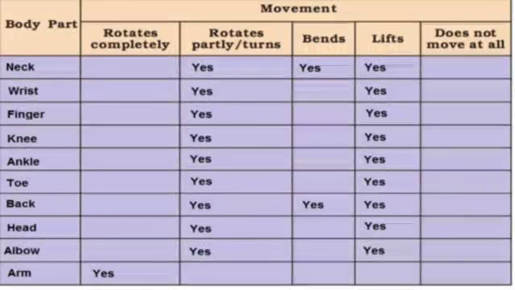So these are all movements in our body. So this way try to move the various parts of your body and record their movement. So why is it that we are able to move a few parts of our body easily in various directions and some only in one direction?